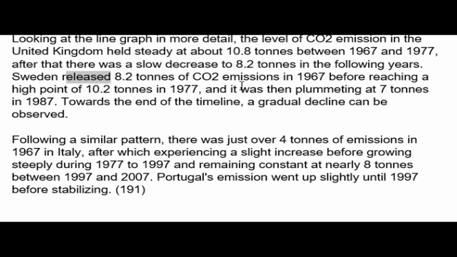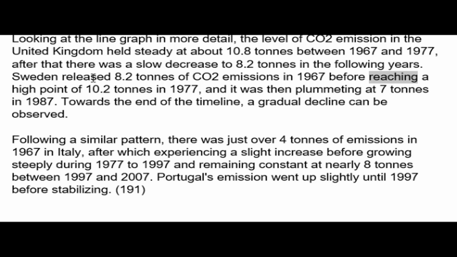8.2 tons of CO2 emissions in 1967 before reaching. Now see here, remember when I talked about participles, I said the noun, or the subject rather, it's got to be the same subject.